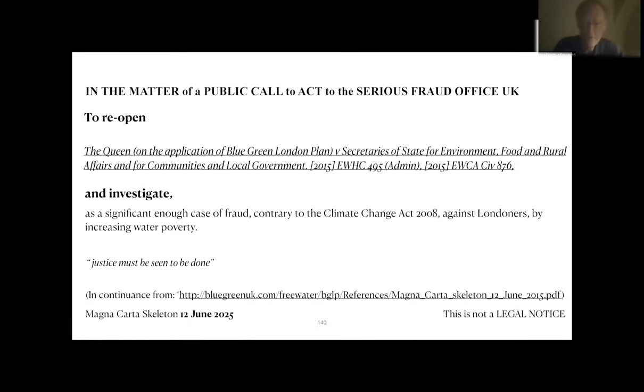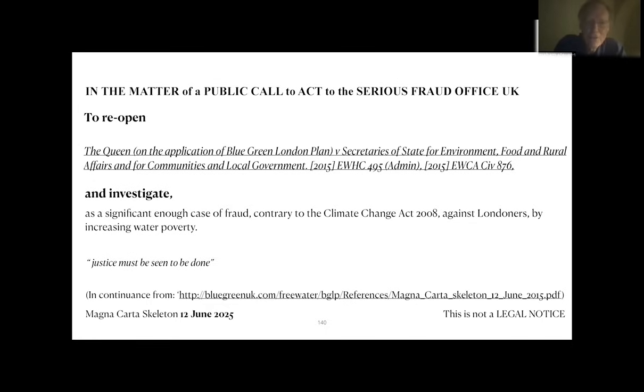So that's the information that's added to the work in terms of a public call to act to the Serious Fraud Office. So I'm not engaged in it anymore. It's handing it over to the Serious Fraud Office to ask them to reopen the case and investigate it.